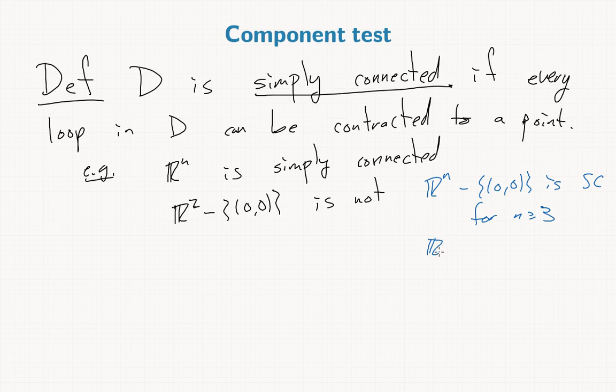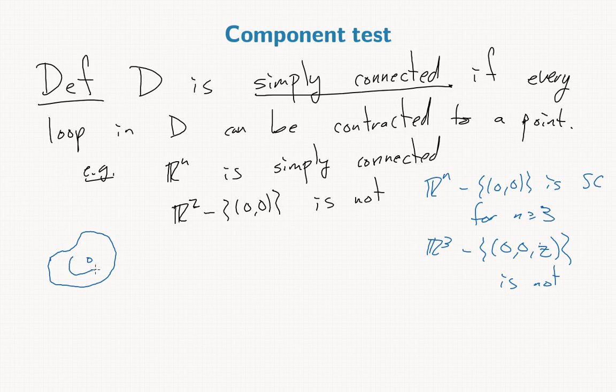On the other hand, R^3 minus the z-axis is not simply connected. So here, if you have a circle, here's sort of the missing origin. We have a loop like this.